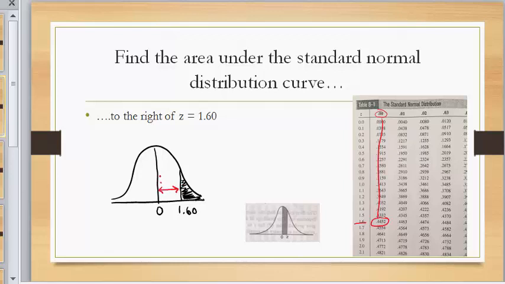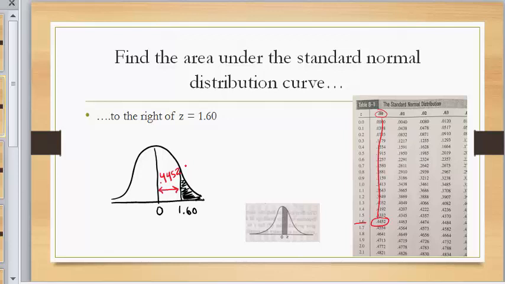So this part is 0.4452. And what I usually tell students is that when I mark that off on my curve and note to myself that it is not shaded, I can use that as a hint to help me remember what to do.